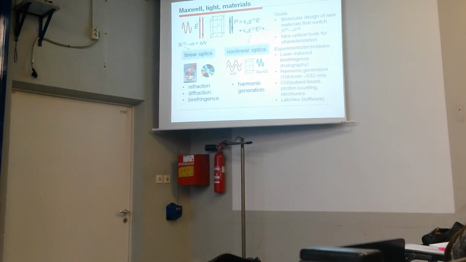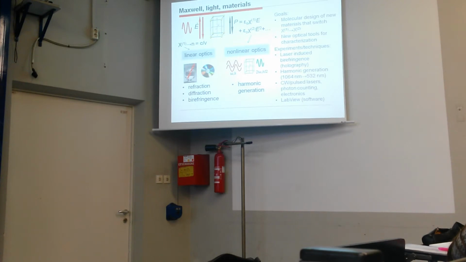So what are the sorts of practical things that the students work on in my lab? Well, what we're most interested in is materials that you can switch back and forth between linear and nonlinear with light. Students learn how to use lasers. They learn how to work with holography, which Professor Eisler is an expert in.